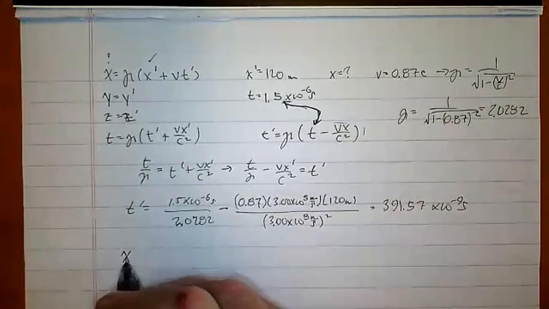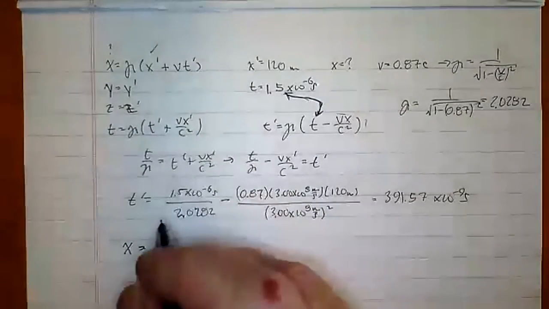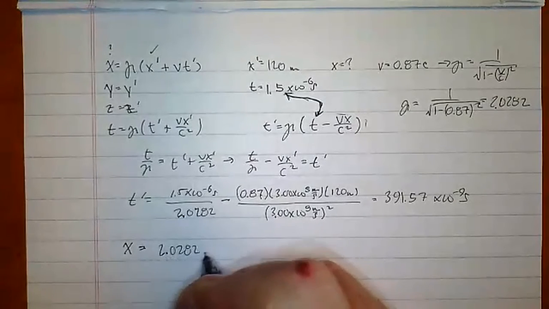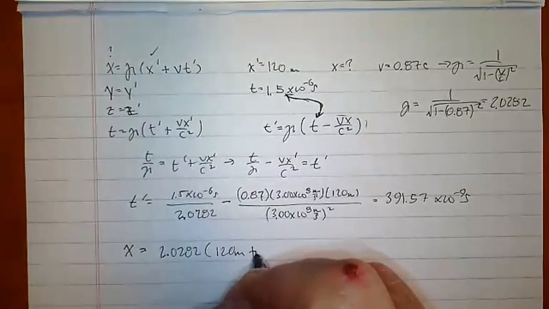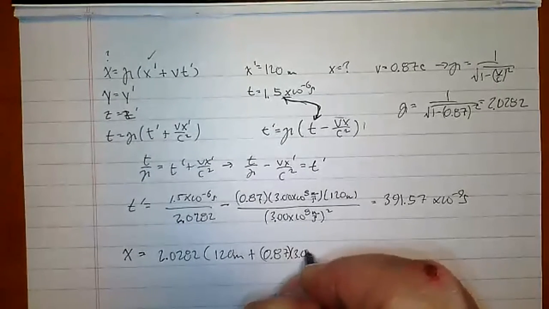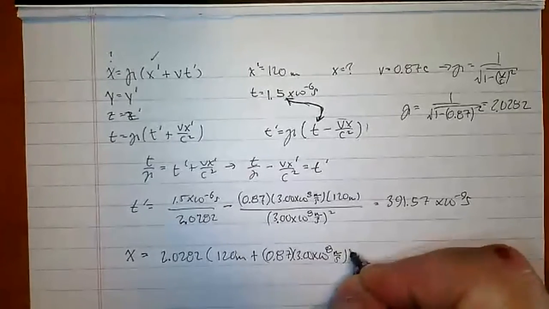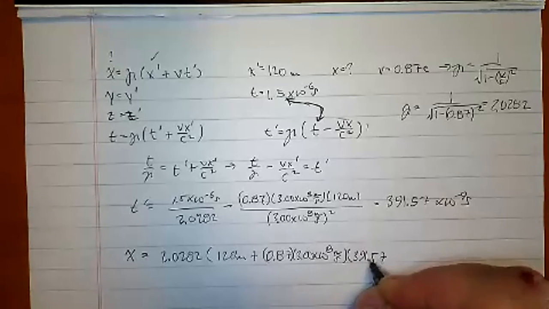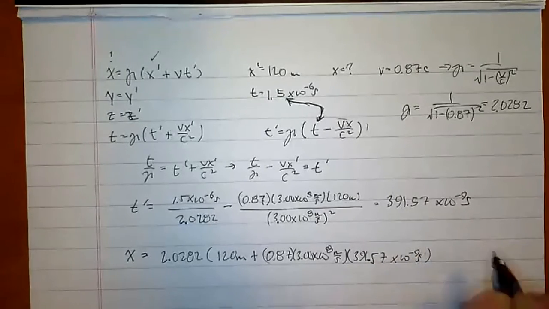Now I can plug my t prime into the expression for x. In that case, I'll get 2.0282 times x prime, which is 120 meters, plus 0.87 times 3.00 times 10 to the 8th meters per second times t prime, and t prime is 391.57 times 10 to the negative 9 seconds.